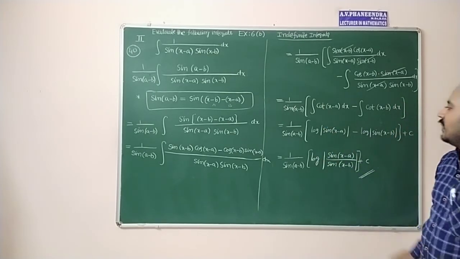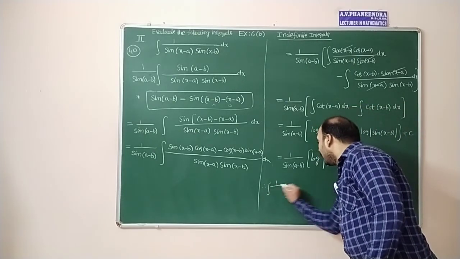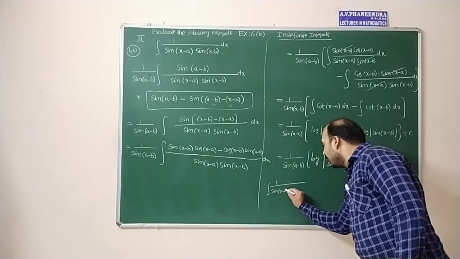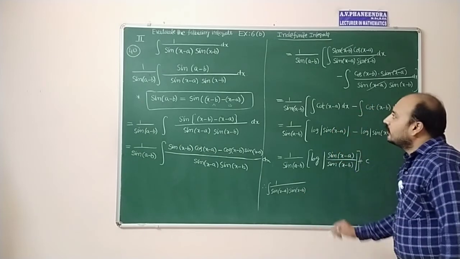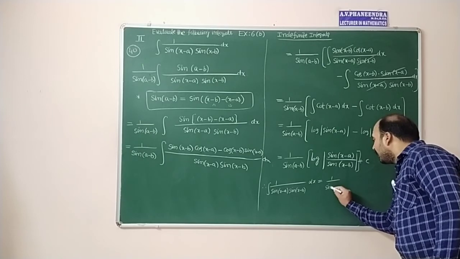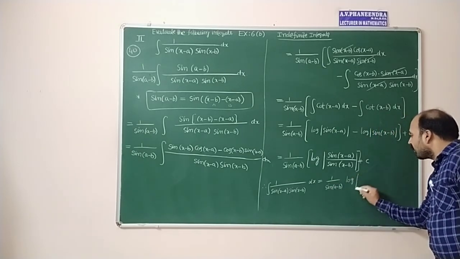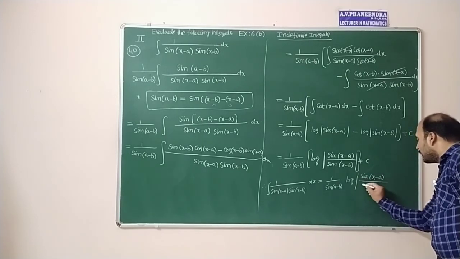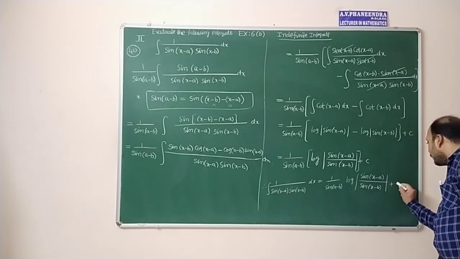Therefore, the given integral is equal to, if you want to write the conclusion, you can: integral 1 by sin of x minus a into sin of x minus b into dx is equal to 1 by sin of a minus b into log mod sin of x minus a divided by sin of x minus b, plus c.